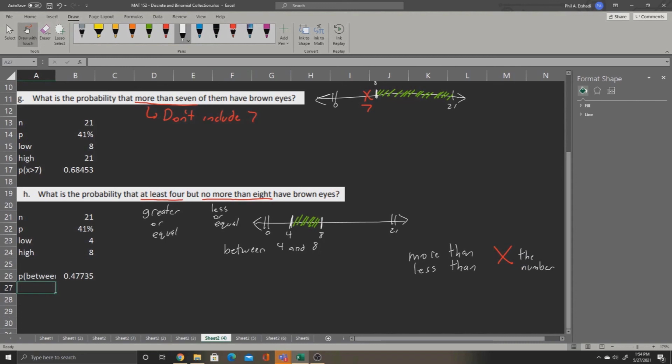However, if they say at least or at most or no more than, we have a different situation. You may also see no less than. In that case, the number is included. So be on the lookout for these patterns of words when you're dealing with binomial distributions.